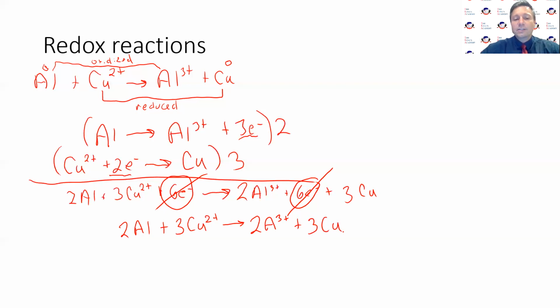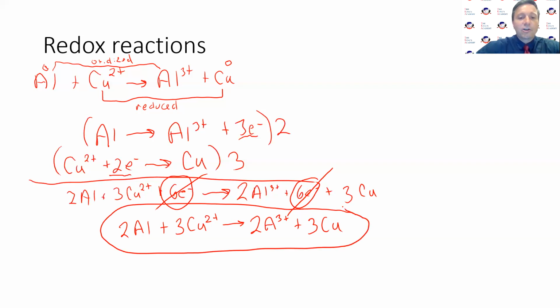So if we look at this, both sides balance. We have 6 positive on the left reactant side, and 6 positive on the right, and our atoms all balance. So this is our redox reaction balanced equation using half reactions. And that's what we have to learn to use when we talk about galvanic cells.